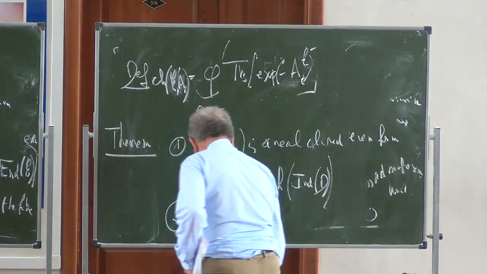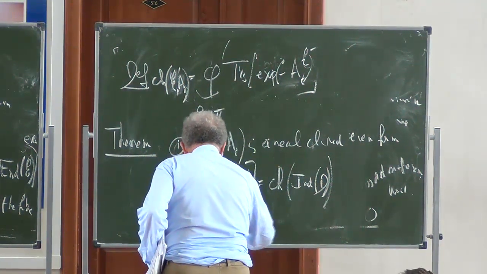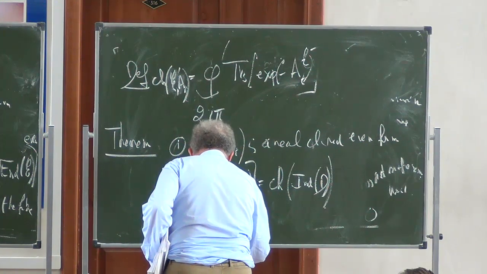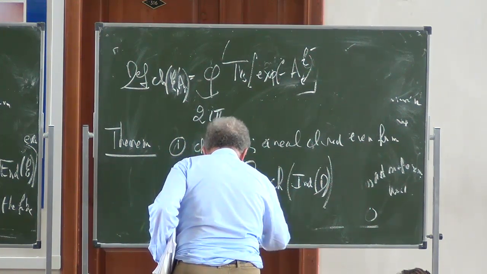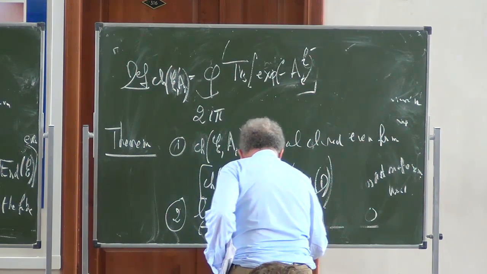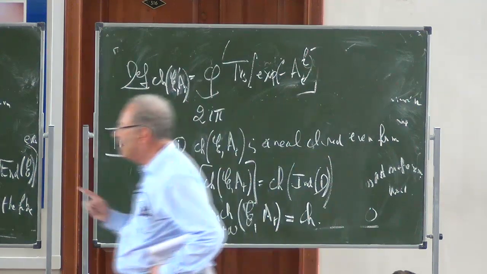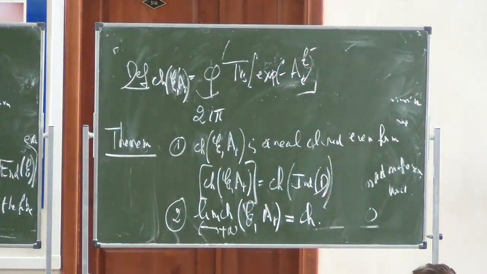The second thing is the limit, as T tends to infinity, of CH of E and A_T. Remember that I assume the index bundle to be a bundle, so there is no jump in the dimensions.